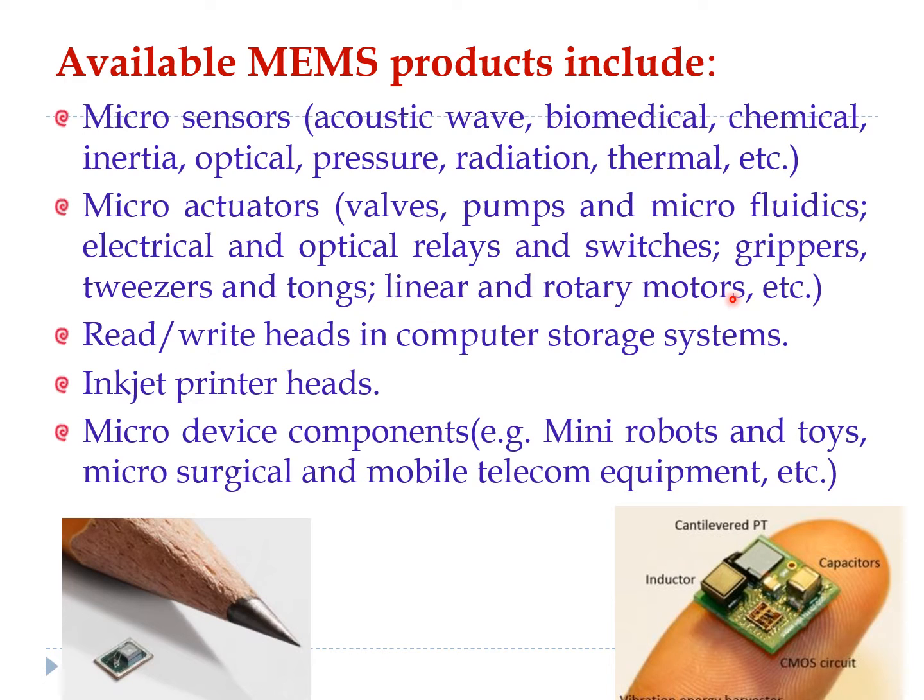Likewise, plenty of micro actuator devices are available in the market. Can anyone see the read-write heads in a computer storage system? It is like a small head which reads the CD completely from start point to end point, which is a micro device. And then the inkjet printer heads. The size of the inkjet printer module is very small.